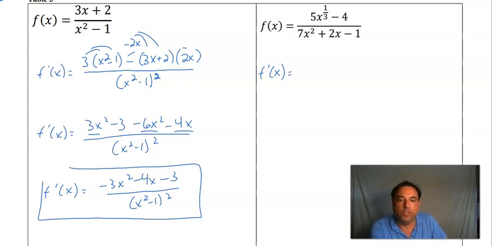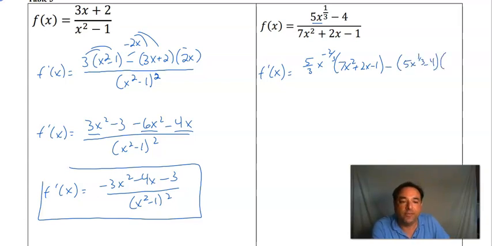So, quotient rule, derivative of the numerator. Derivative of 5x to the 1/3. 1/3 times 5 is going to be 5/3 x. 1/3 minus 1, you can use your calculator if needed. That would be negative 2/3 times the derivative of negative 4, which is 0, times the original bottom, the original denominator, minus the original top, 5x to the 1/3 minus 4, times the derivative of the denominator.